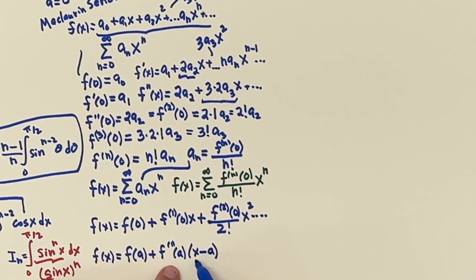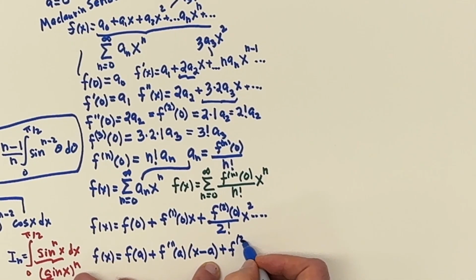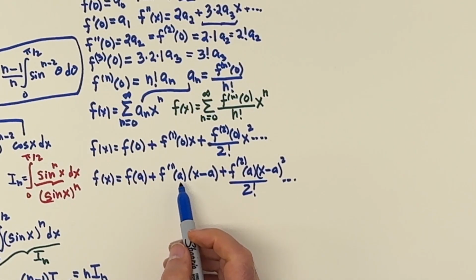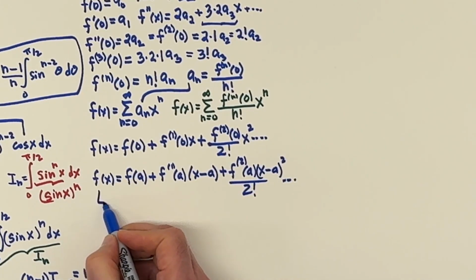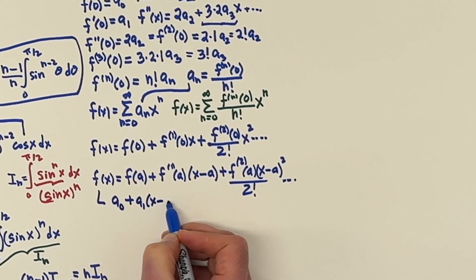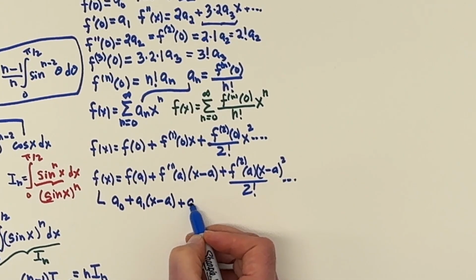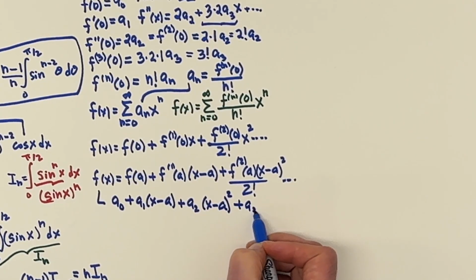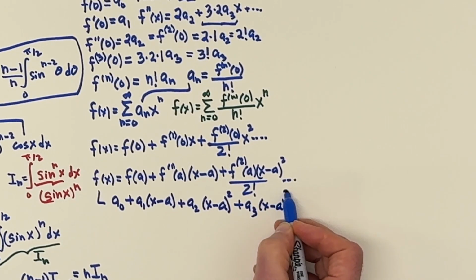We have what we had set up before when we set up the general case, and then we would have here the second derivative evaluated at a, and x minus a squared over 2 factorial, and so on. The same derivative tricks would apply to our case where we had a sub 0 plus a1 times x minus a plus a2 times x minus a squared plus a3 times x minus a cubed.